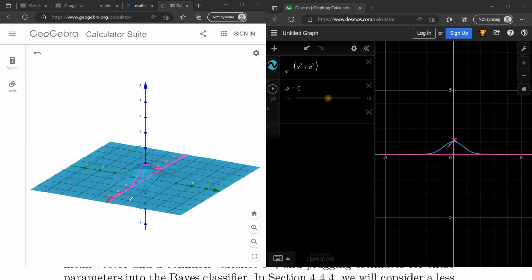If I take y is 1, or y is 2, or y is -1, all the slices are going to have a lower maximum point than this maximum point.